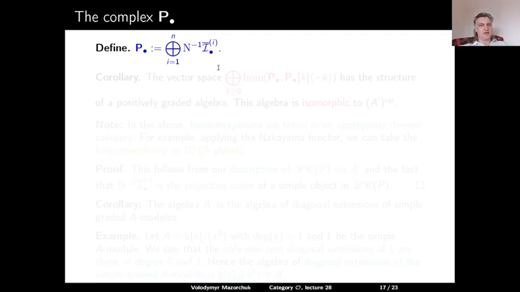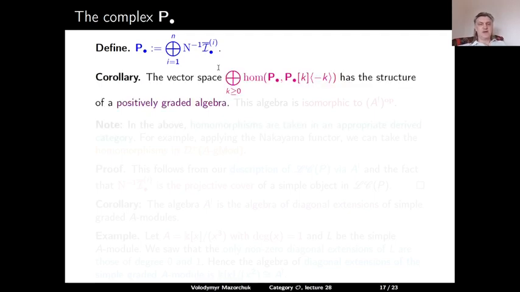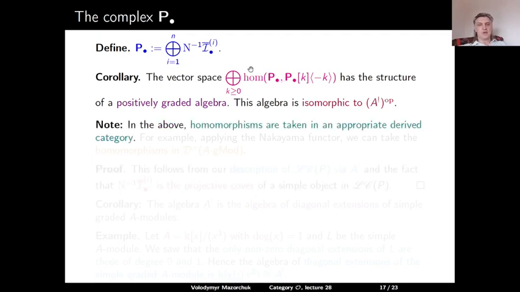From what we already discussed, we see that the vector space of all homomorphisms from P dot to P dot shifted by k and minus k over all k greater than or equal to 0 has a structure of a positively graded algebra, which is moreover isomorphic to the opposite of the quadratic dual of A. So the homomorphisms in this definition are taken in an appropriate derived category.